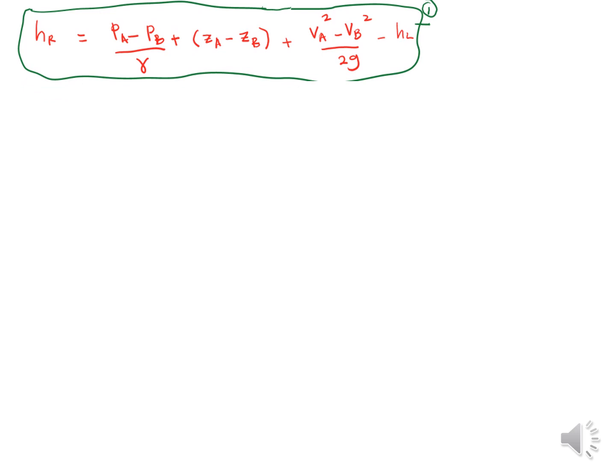Alright, the next procedure is to substitute all the values, available either from calculation or given in the question, inside this formula.